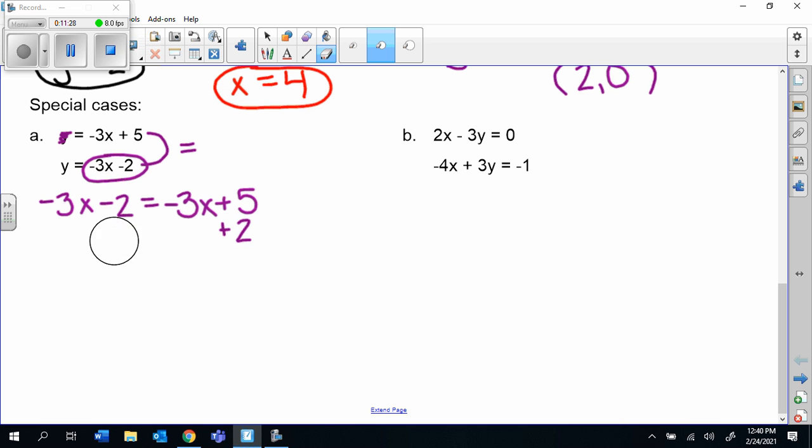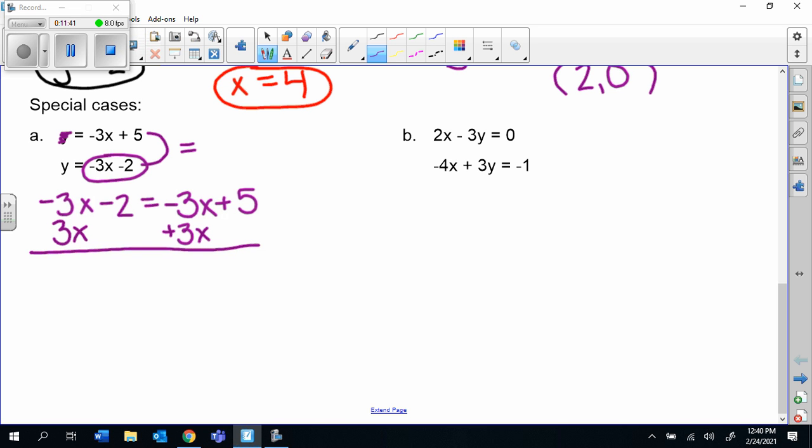If I take it back to here, and this should be helpful if this happens to you too, and I do this piece first, and those x's drop out, I end up with negative 2 equaling 5, because a negative 3x and a positive 3x is no x's, right? So you always have to have an x, because that's what you're solving for.